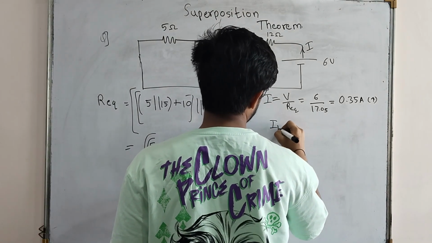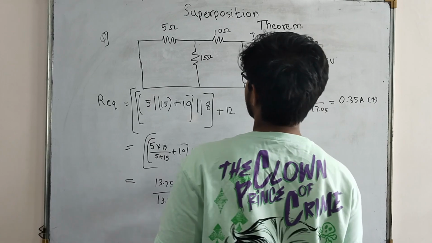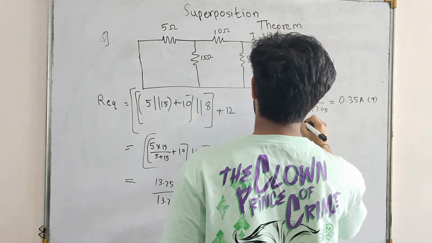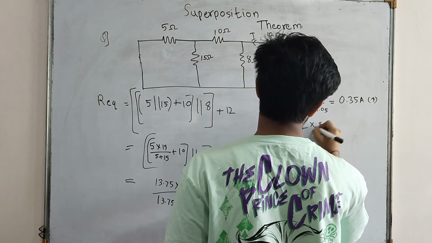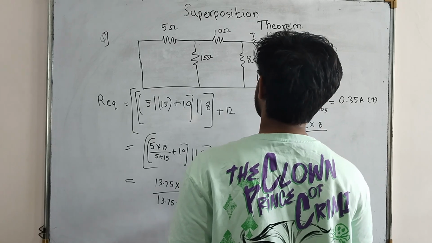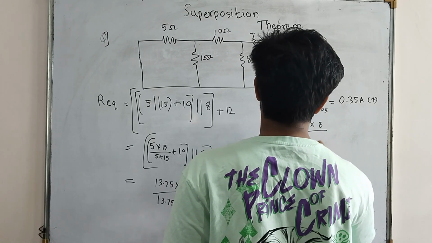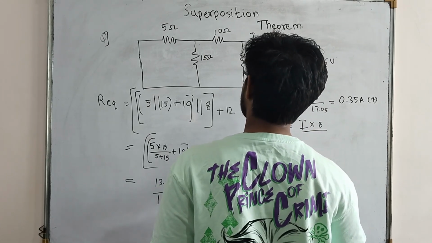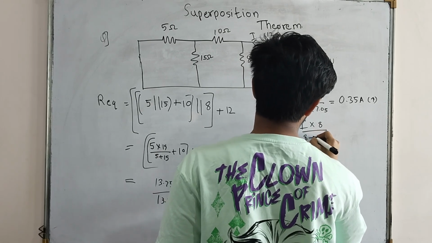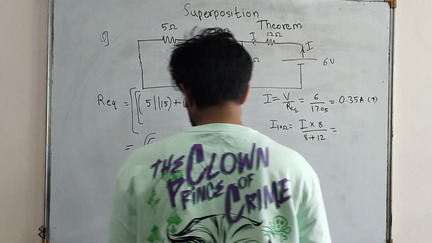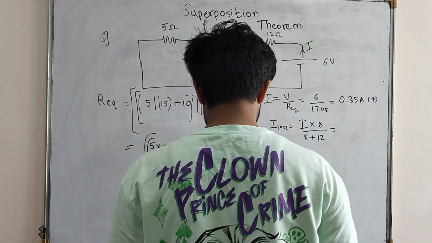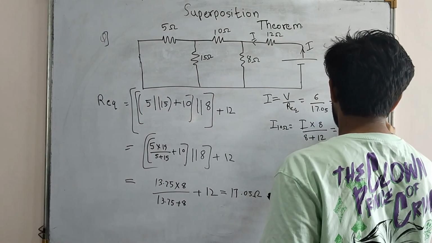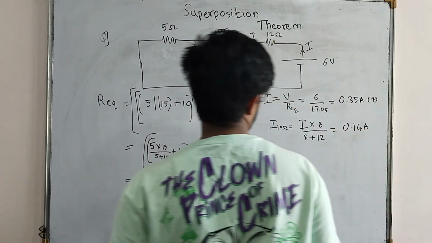I through 10 ohm will be equal to capital I into 8 divided by 8 plus 12, which turns out to be 0.35 into 8 divided by 20, which is 0.14 ampere. Okay, so I through 10 ohm is this.